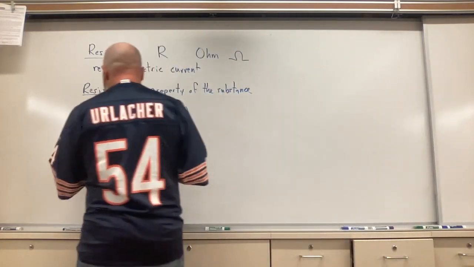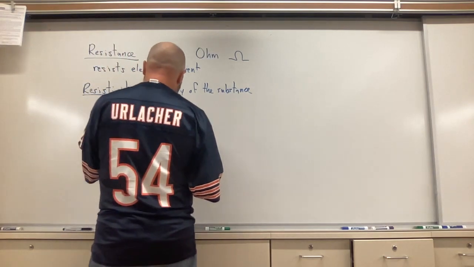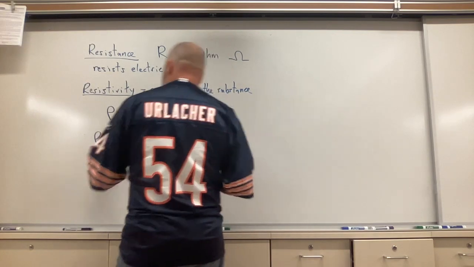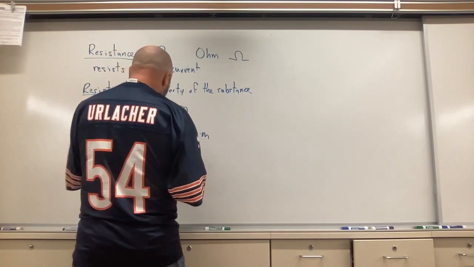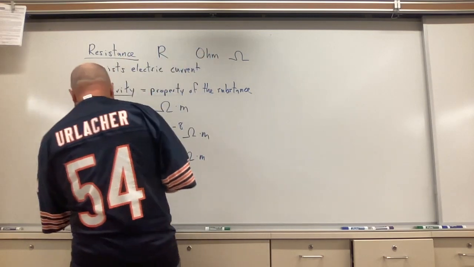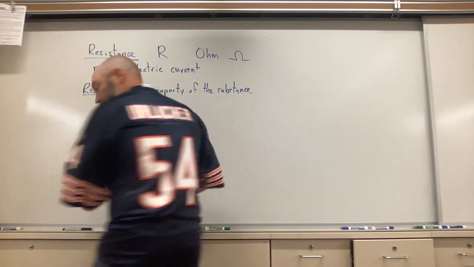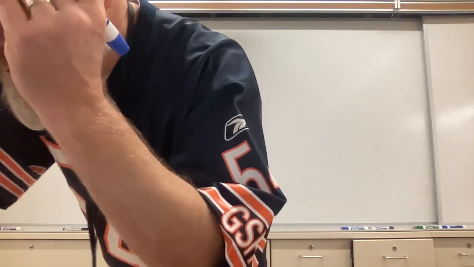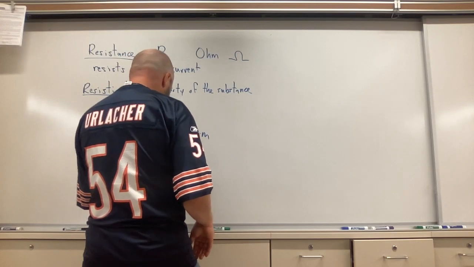But the resistivity of, for example, copper is 1.68 times 10 to the minus 8th ohms times meter, where the resistivity of gold is 2.44 times 10 to the minus 8th ohms times meter, and the resistivity of rubber is, I believe, 10 to the 13th. Let me just look it up. 10 to the 13th, yes. 10 to the 13th ohms times meter.